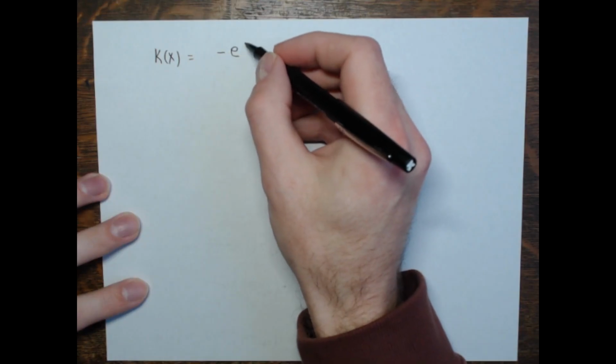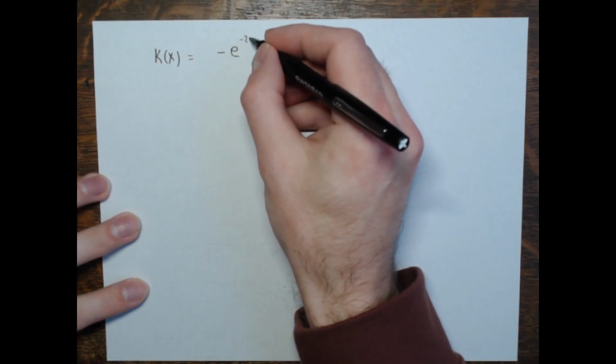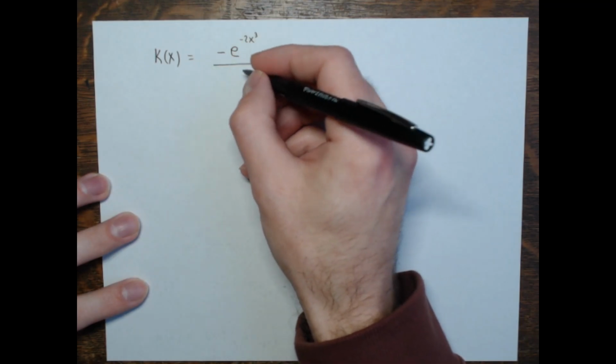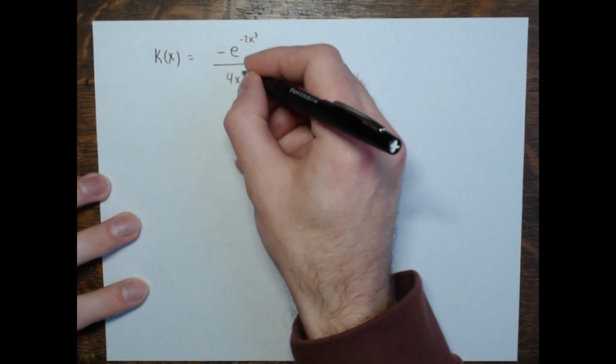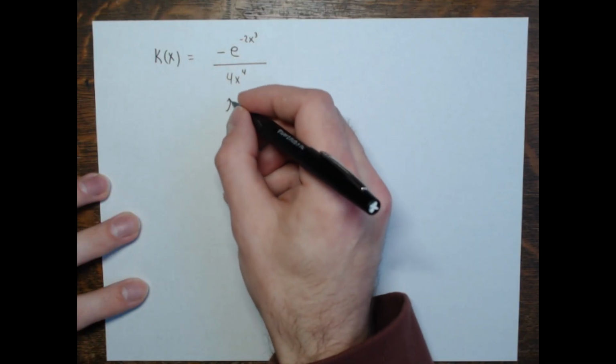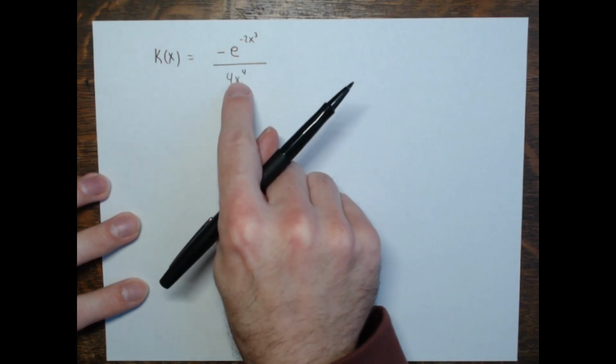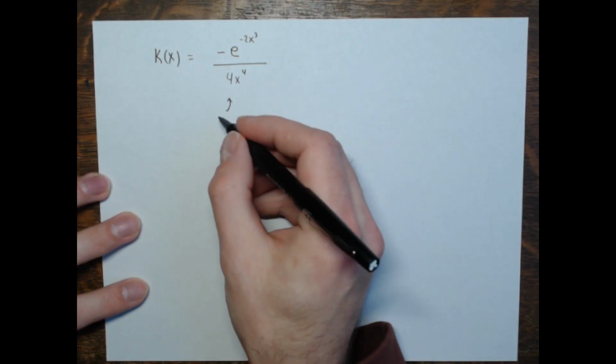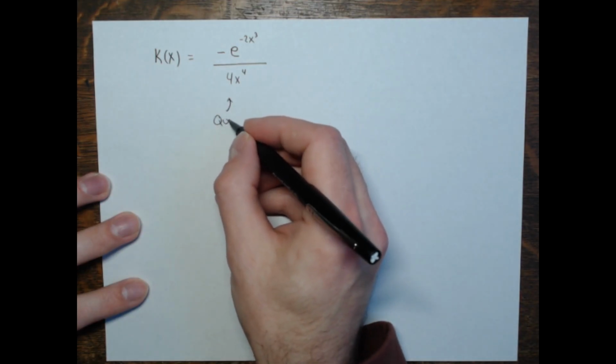So you have negative e to the negative 2x cubed power in the numerator, and then 4x to the fourth in the denominator. Again, you can rewrite that as 1/4 times x to the negative 4, but then use the product rule. But I'll go through and do the quotient rule.